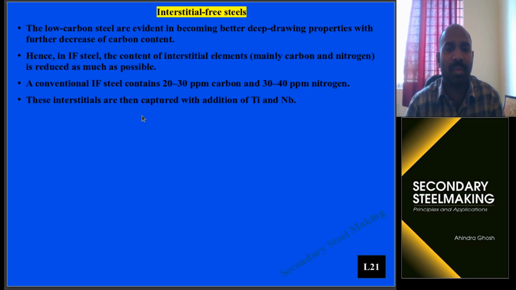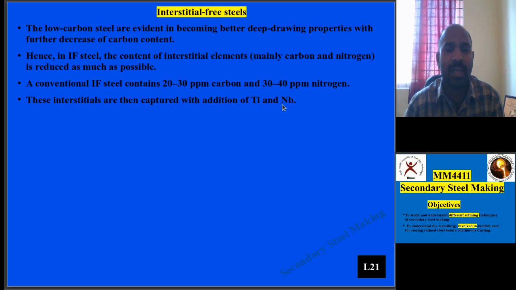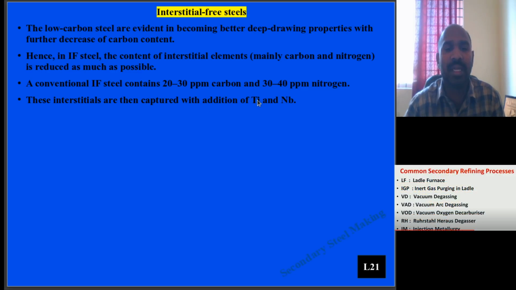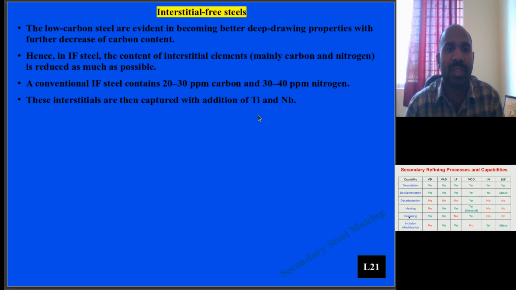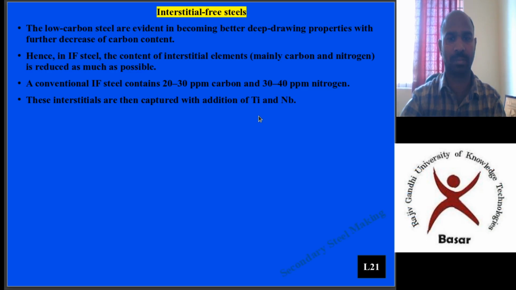These interstitials can be captured by a small addition of titanium or niobium, forming titanium carbide and titanium nitride, which become precipitate second phase particles during the hot rolling process, so that there will not be grain growth. If grain growth occurs, you need to compromise on strength. Strength will be decreased. It should be optimum.